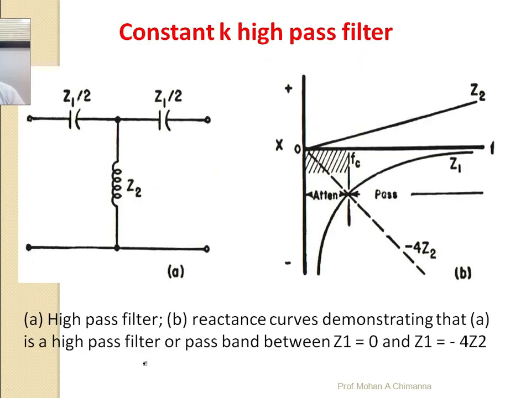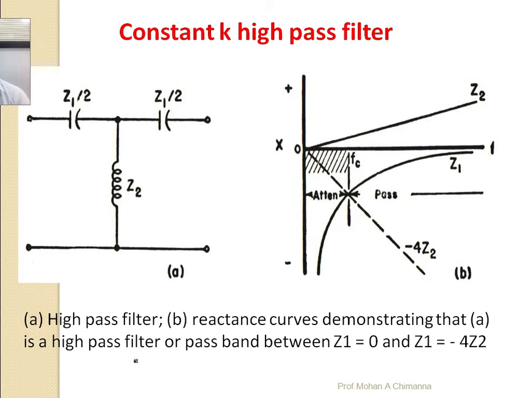The next is the constant K high pass filter. In the constant K low pass filter, the inductor comes in series and the capacitor comes in shunt. In the constant K high pass filter, we connect the components just opposite to those of the constant K low pass filter.